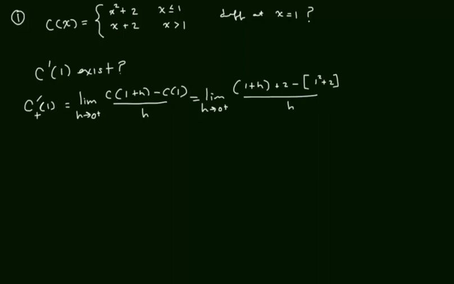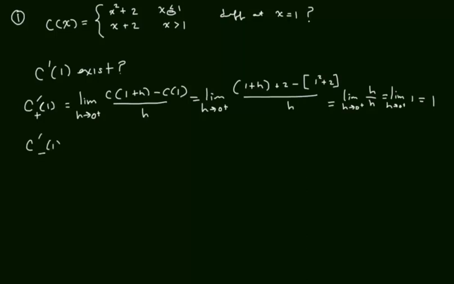Notice that c of 1 is always the quadratic here, which is equal to 3. Alright, so this equals the limit as h goes to 0 from the right of, well, let's see if we can simplify. We have a 1 and a 2 minus 3, so, oh, good. That cancels out, h over h. Limit as h goes to 0 from the right of 1 equals 1. And we'll come over here.